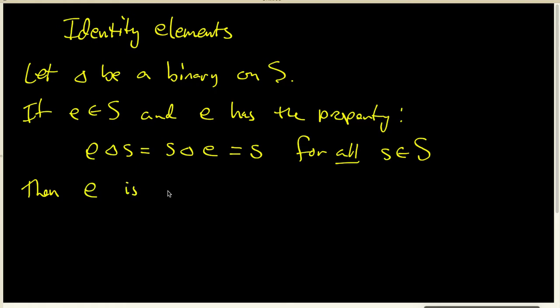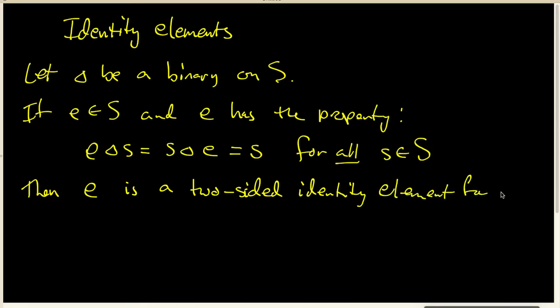a two-sided identity element for triangle. And you know about identity elements. Two-sided identity elements are often called just identity elements.